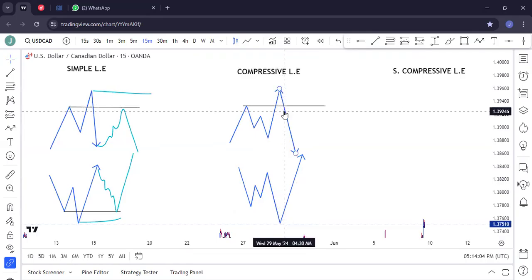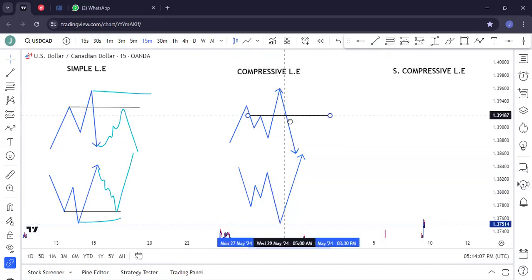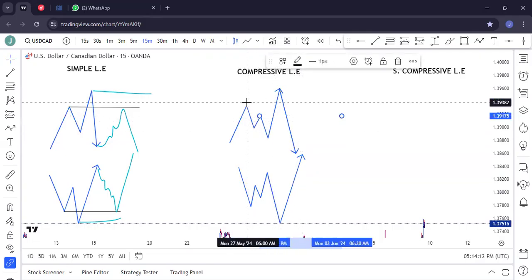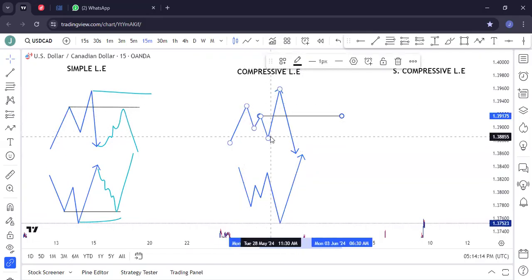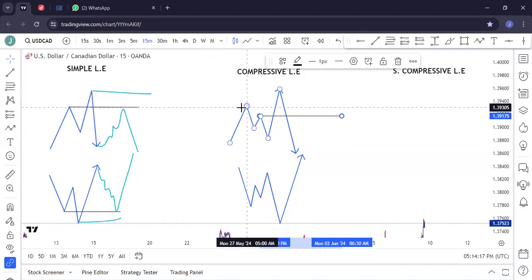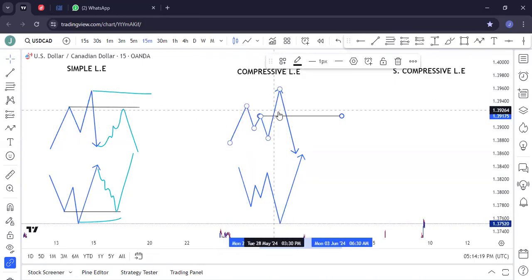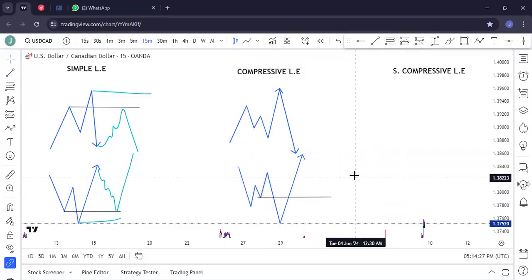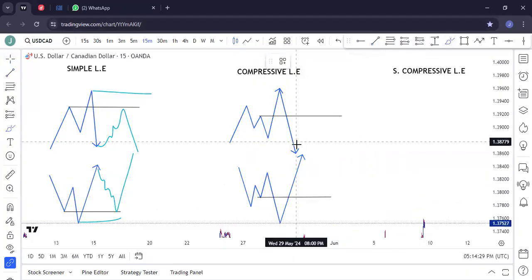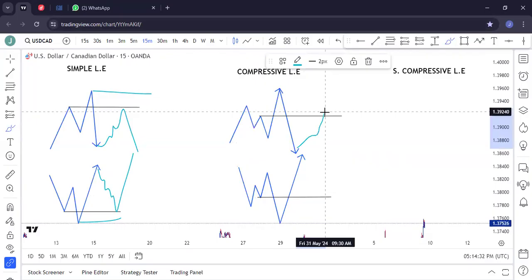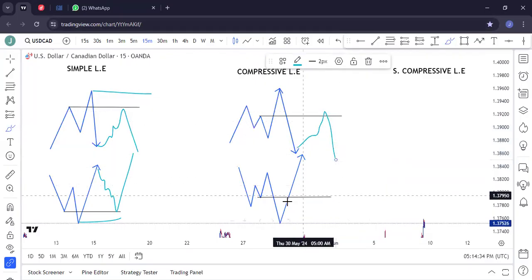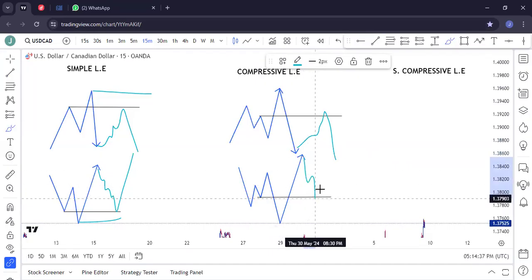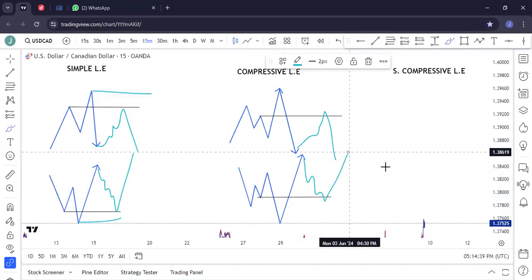Now, where do we position our entry? We position our entry at the high of the small trend created before the market came to break the structure here. So at this point is where we place our entry points. We wait for the market to come to this point and sell, or we wait for the market to come to this point and buy.